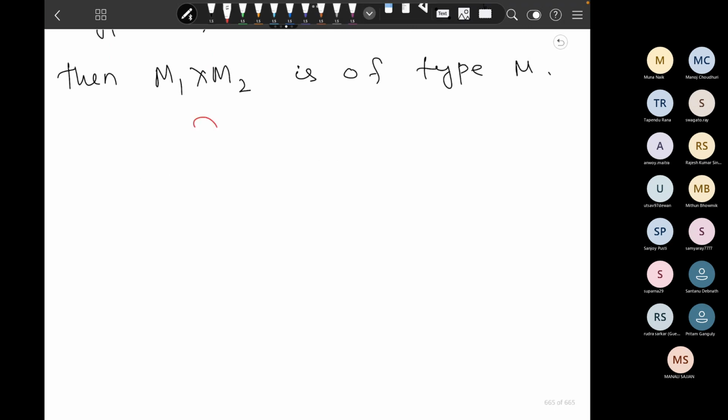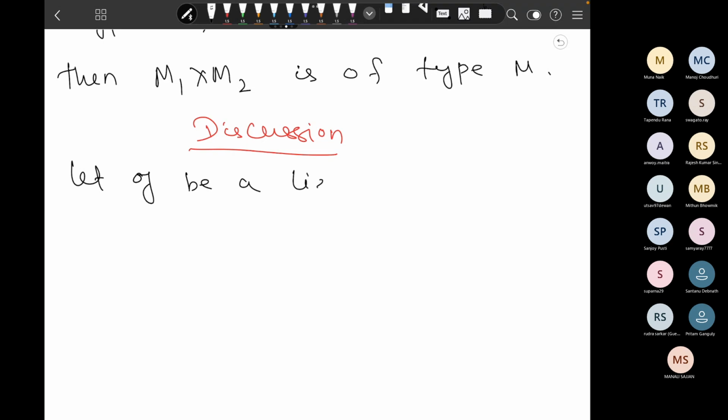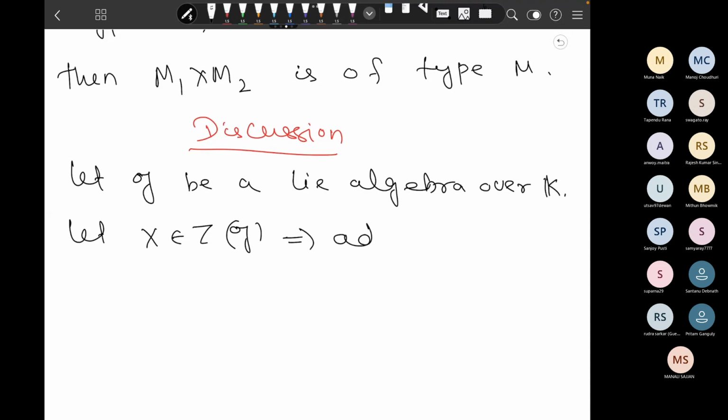So now a little bit of discussion. Let G be a Lie algebra over K. Let X belong to Z(G). This will imply that ad X is equal to 0.